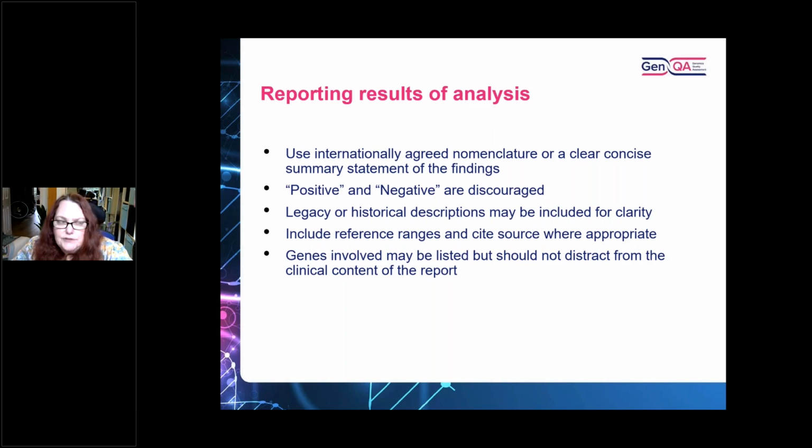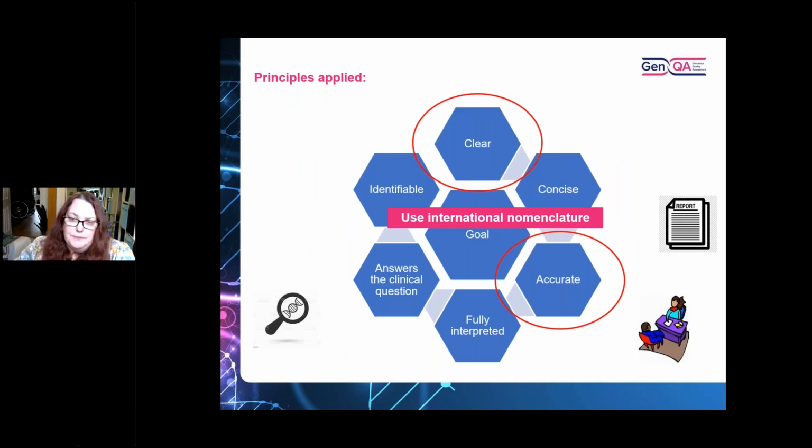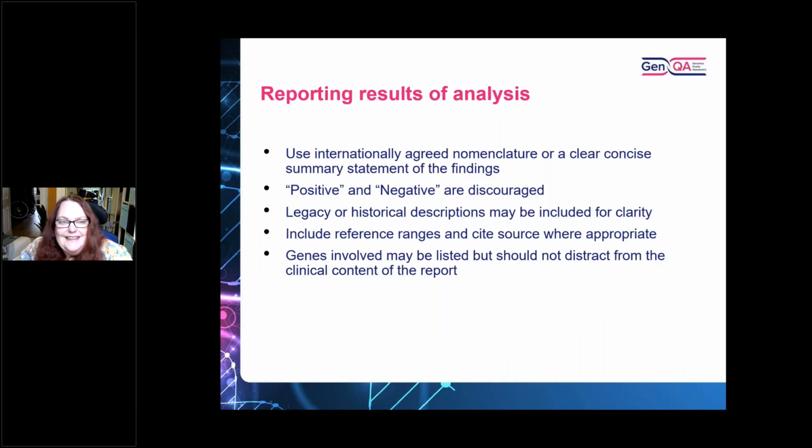Where you might use positive and negative are immunohistochemistry results, where the only way you can really describe the staining is positive or negative. And the other type of results recently, where I think at the moment we don't have better terms, are when we talk about HRD testing, homologous recombination deficiency testing. Can we go back a slide? In that case, we have to use positive and negative at the moment because that's the terminology available.